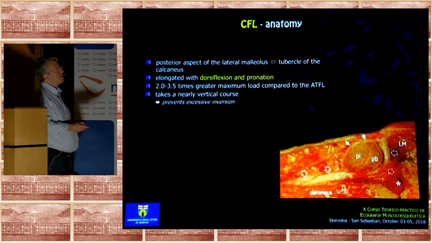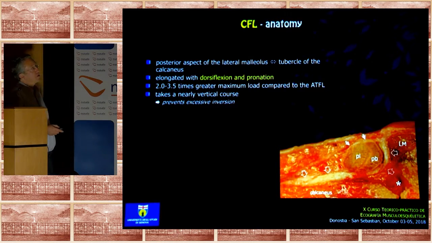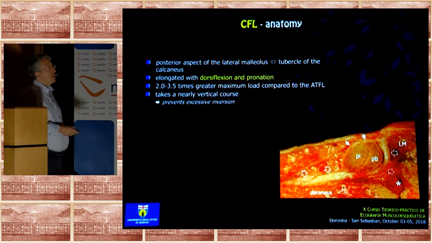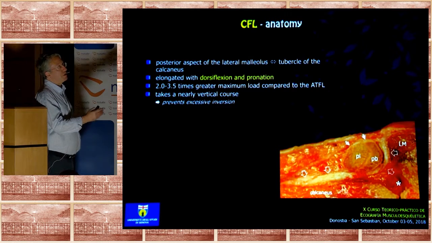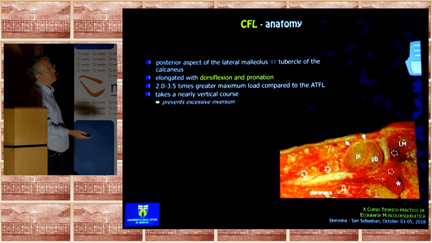So this is the profile, the long axis view of the ligament in a cadaveric picture, and this is the position of the peroneus longus and the peroneus brevis. As you can see in this image, when the ligament is elongated in its long axis, we are in the short axis of the peroneals. If we place the probe in the long axis of the peroneals, the ligament is in the short axis. No?